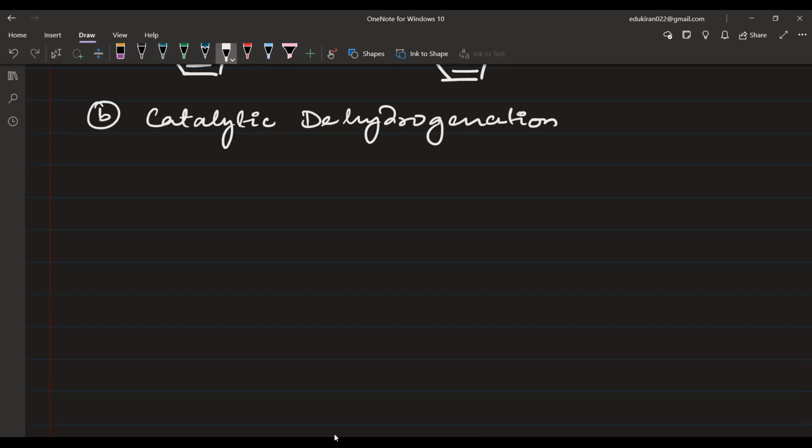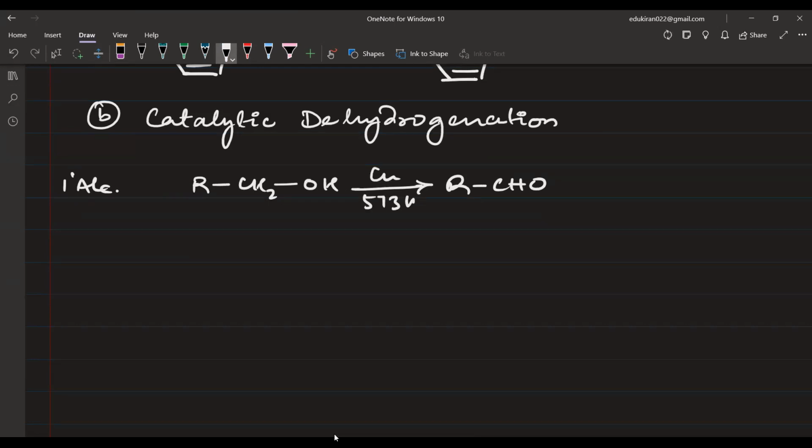Now, for this, we know that 1 degree alcohol, wait a second, let's write an example also. If you have R CH2OH, this is 1 degree alcohol. It will give you RCHO. What we have to use? We have to use copper at 573 Kelvin.